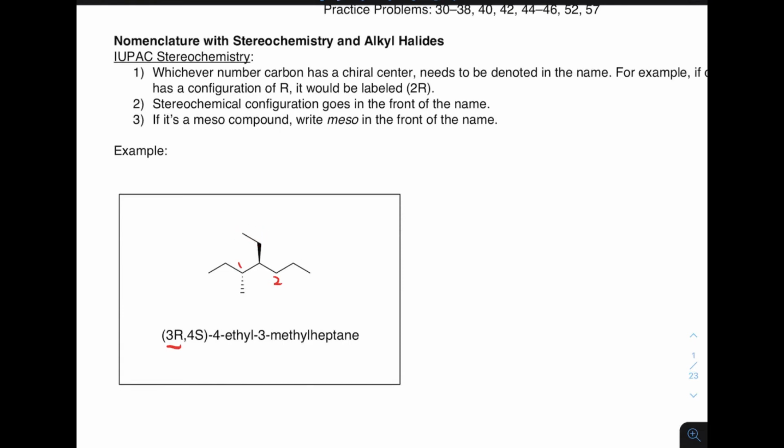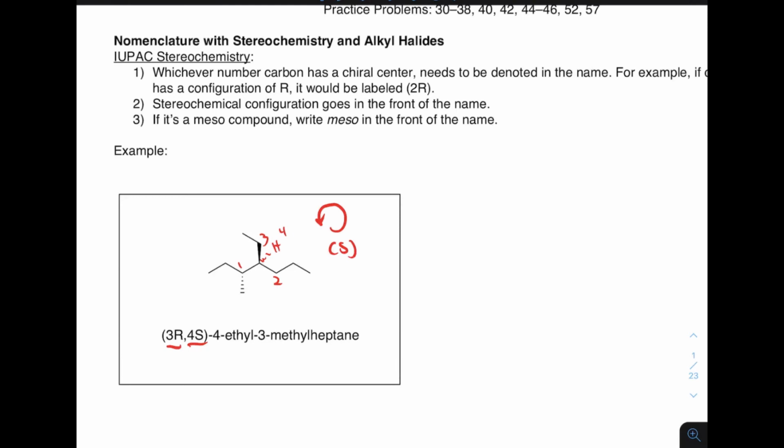So this is our next lowest priority. Of course, we have our hydrogen on the dash here for priority number 4. So this time we have another counterclockwise situation, so this is going to be S configuration. Because hydrogen is on the dash, we don't need to worry about inverting anything. And because this is carbon number 4, we need to denote that carbon number 4 has that S configuration.